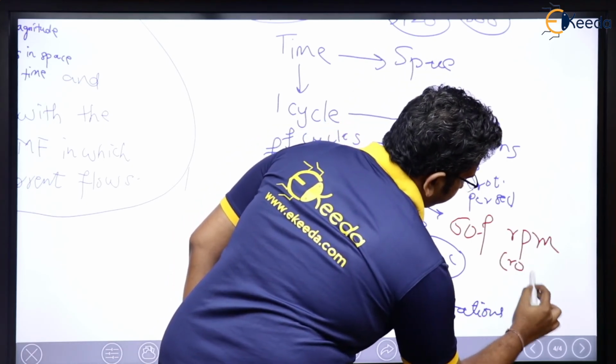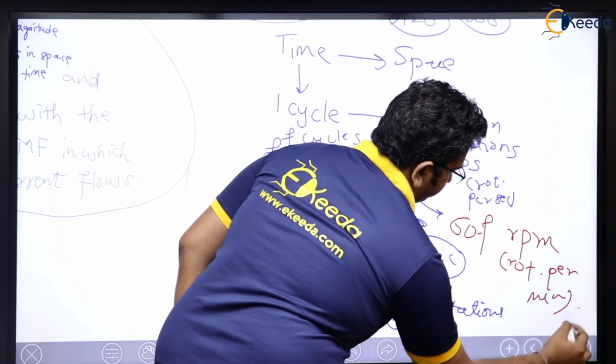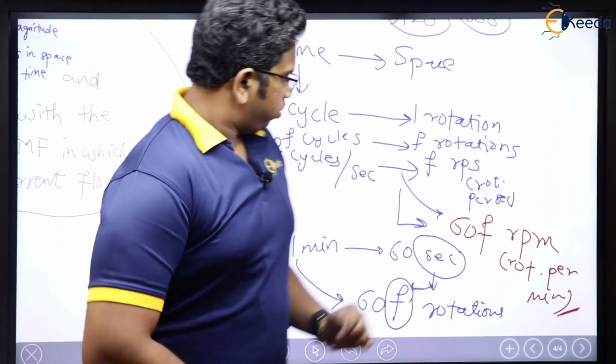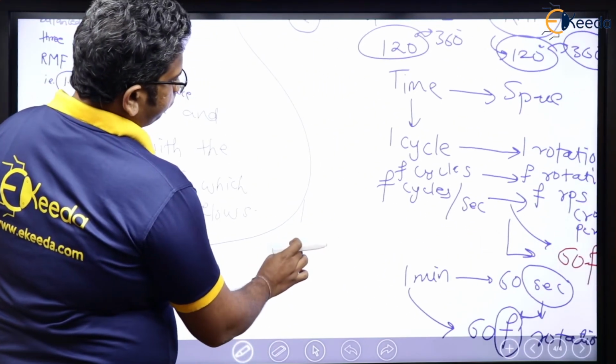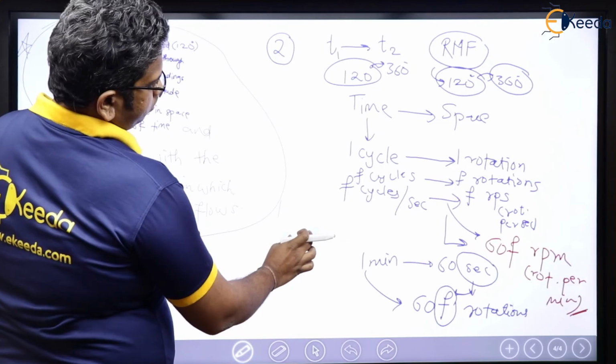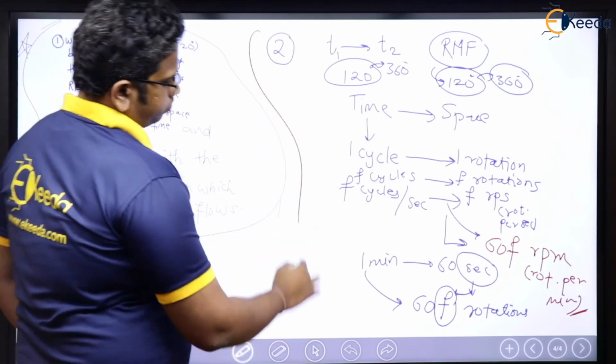RPM is rotations per minute. Yes, so these are the conclusions. What is the second conclusion? This is the first conclusion you have to note down, and this is the second.